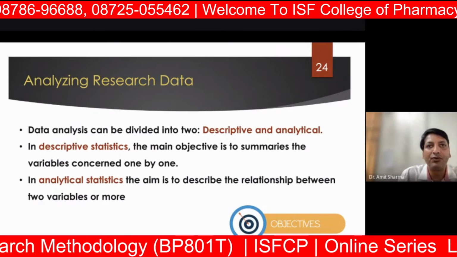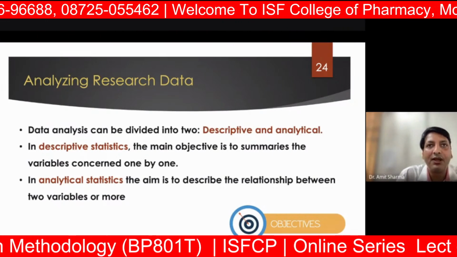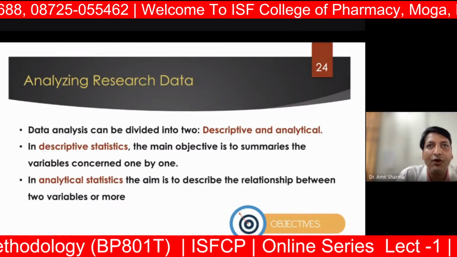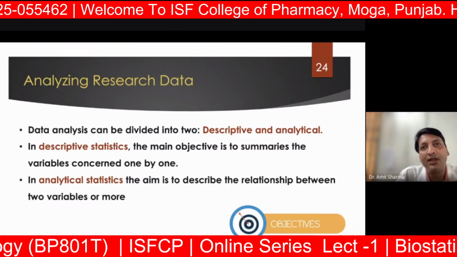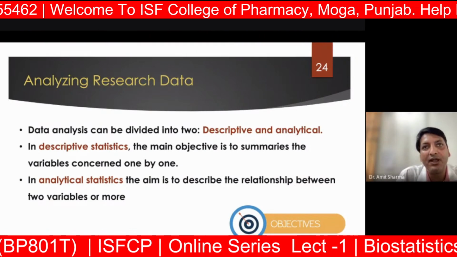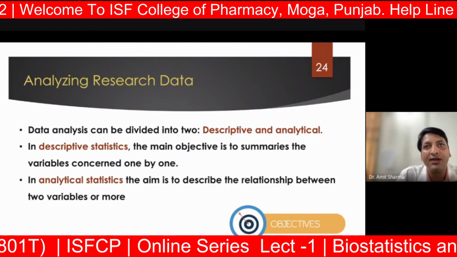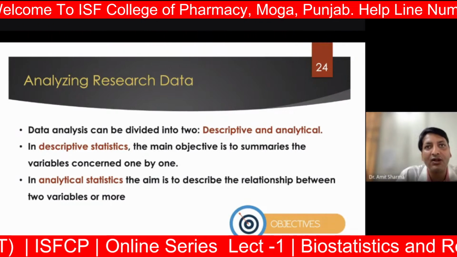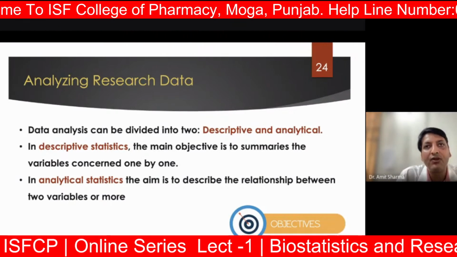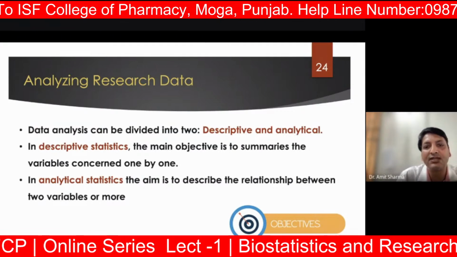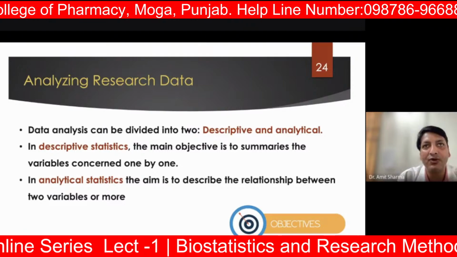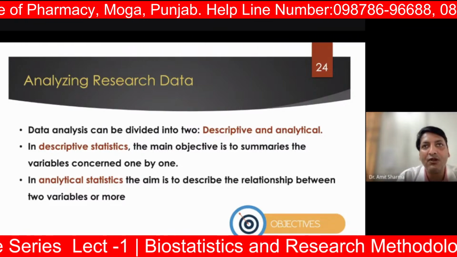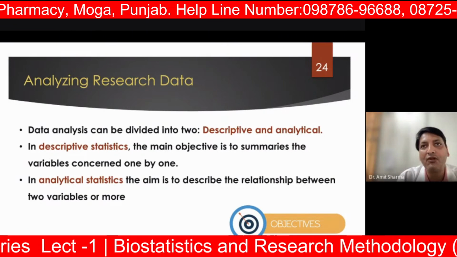You have to look at what form the dependent variable is available in, numerical or categorical, and in what type the independent variable is available, numerical or categorical. Based upon that only we are going to choose the statistical test, and this we will study in further classes. But at least you should be able to understand the meaning of independent variable and the meaning of dependent variable.